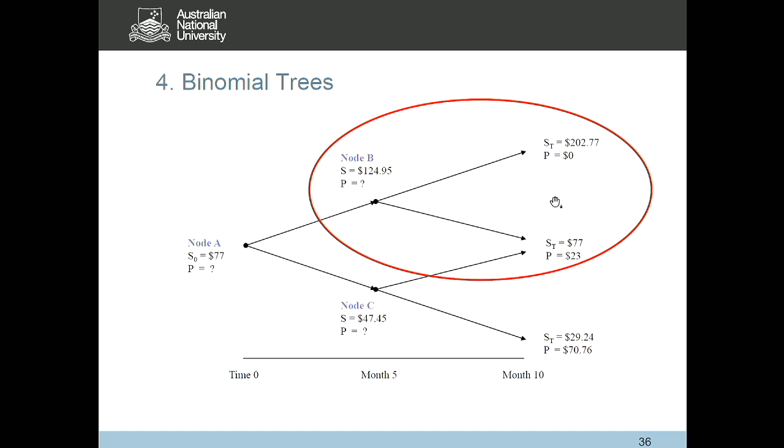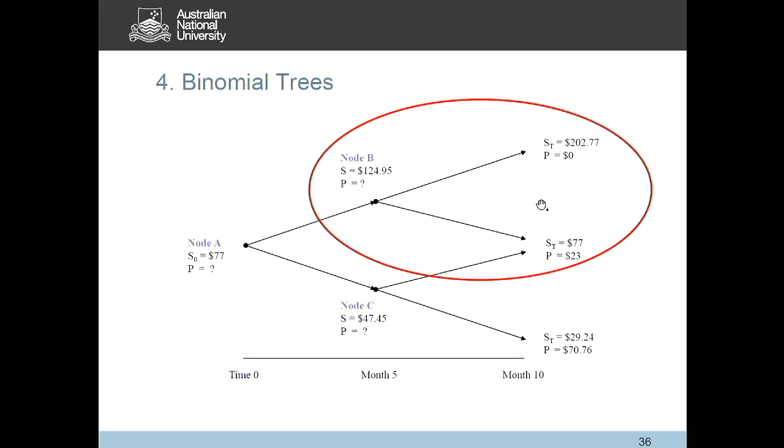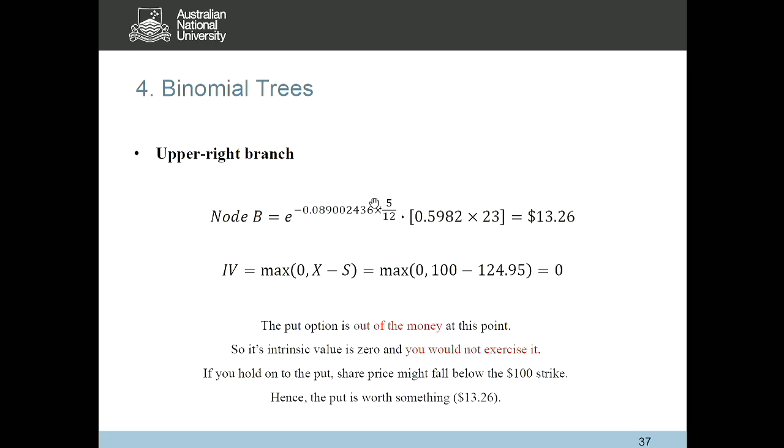And we know the probability of that happening, the one that we just calculated. There's a 59.82% chance the share price goes down. Then that times the payoff, $23, and we discount it back 5 months, right? So we discount back from month 10 to month 5, a 5 month time horizon, and we get a discounted value of 13.26.